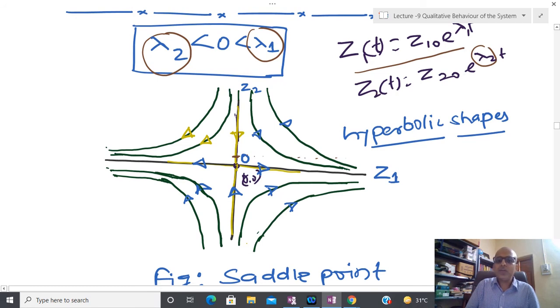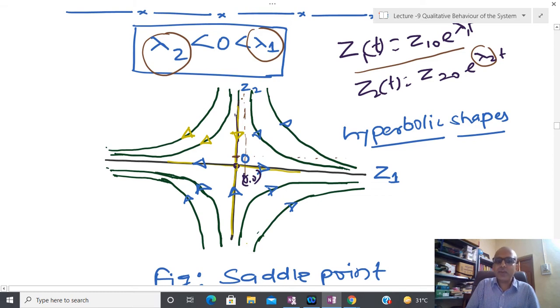Now consider some point nearby. Since lambda 1 is positive and my initial condition is nearby, you can just take 0 also, that is not a problem.